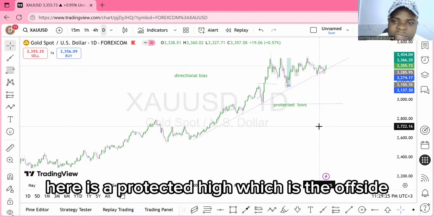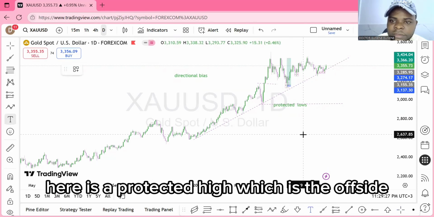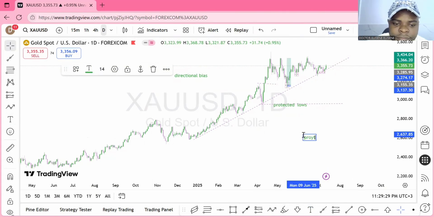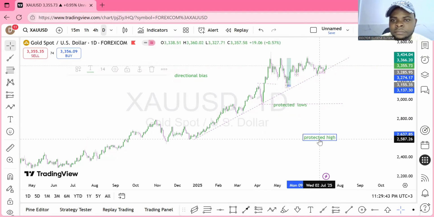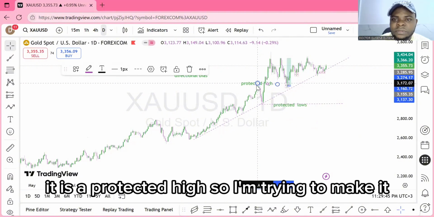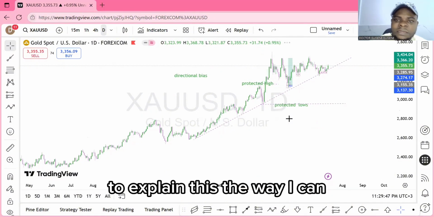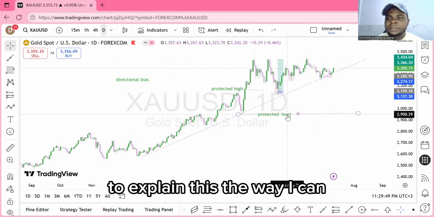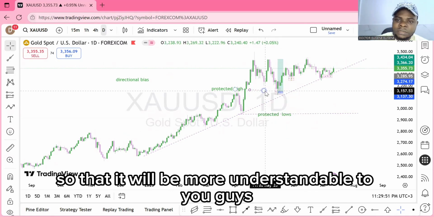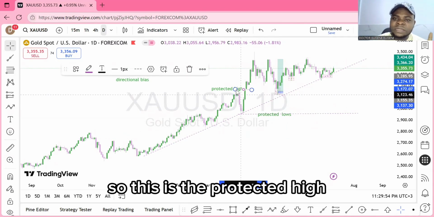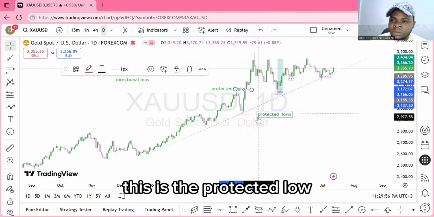Here is a protected high, which is the upside. Here is a protected high. So I'm trying to explain this the way I can so that it will be more understandable to you guys. So this is the protected high, this is the protected low.